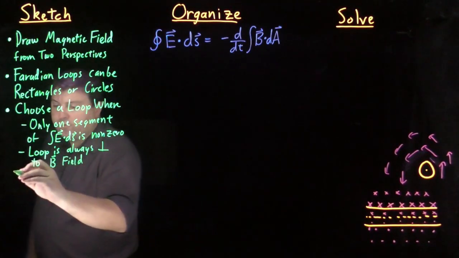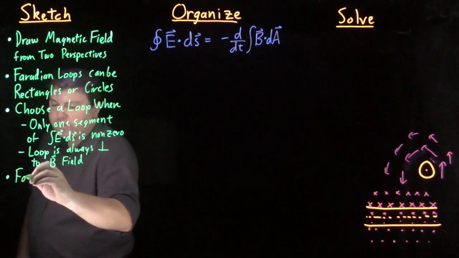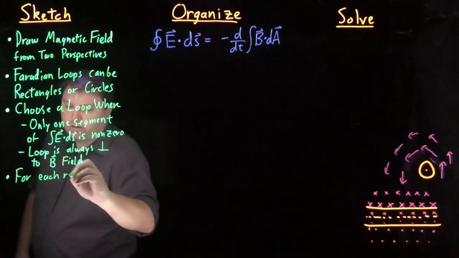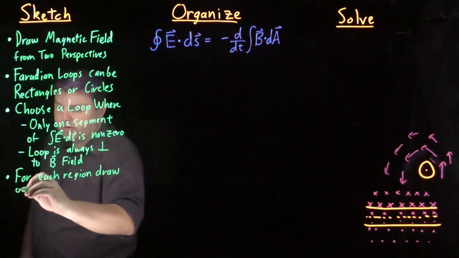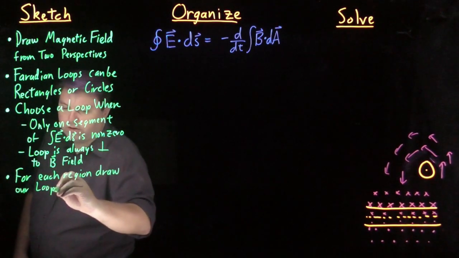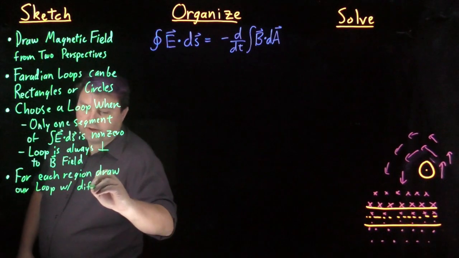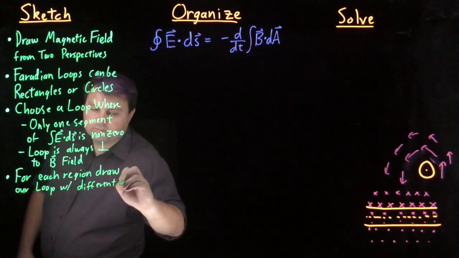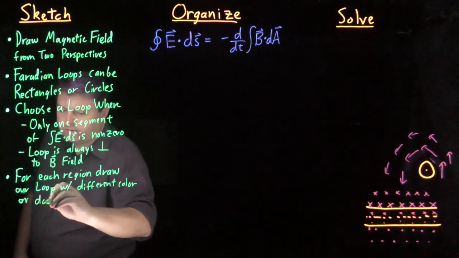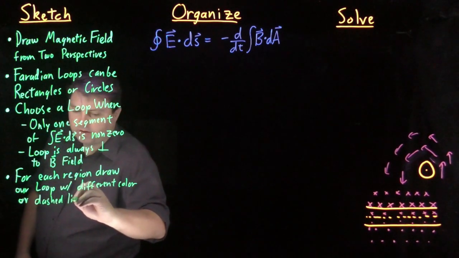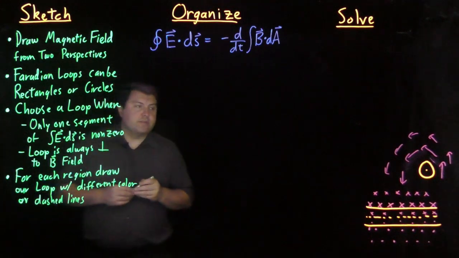Then we have to do this for each region. So for each region, we want to draw our loop with a different color or dashed lines.